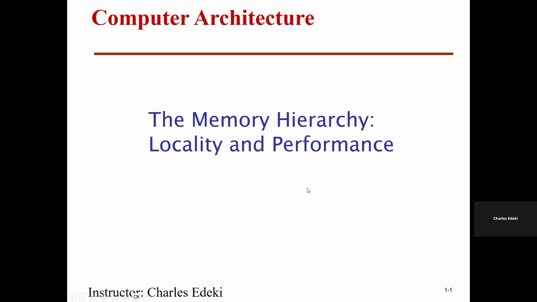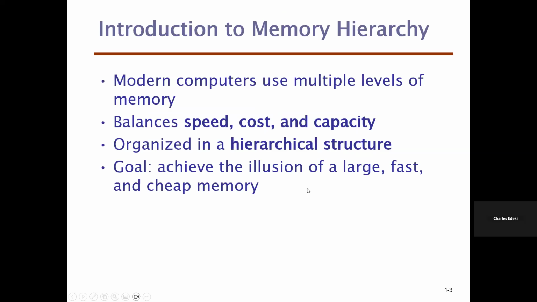So the first question we are going to ask is, what is a memory hierarchy? Here I'll use the term a tiered system of computer storage that organizes memory levels based on their speed, the capacity, or amount of data they can hold, and also the cost.